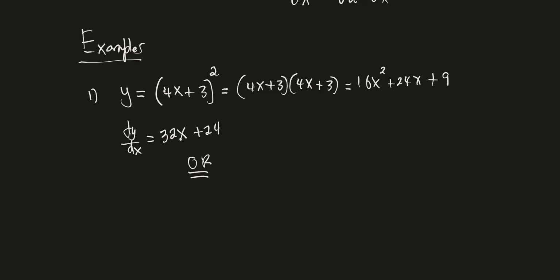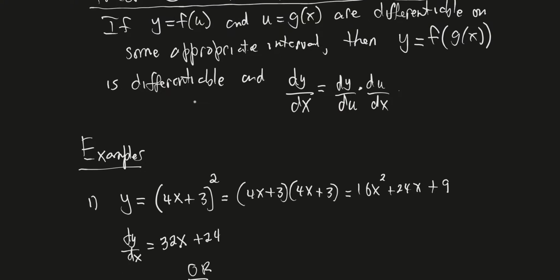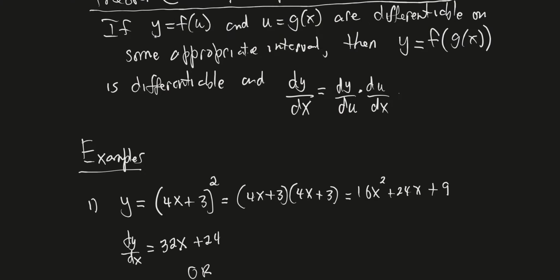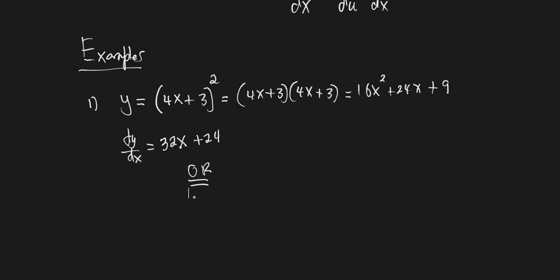But if I just put a placeholder here, if I let u be equal to 4x plus 3, then I can write it in the form of this theorem, where I could literally write y as a function of u and u as a function of x. So I can identify the two types of functions that are composed in order to give me this function. And that's the first step in using this first version of the chain rule.